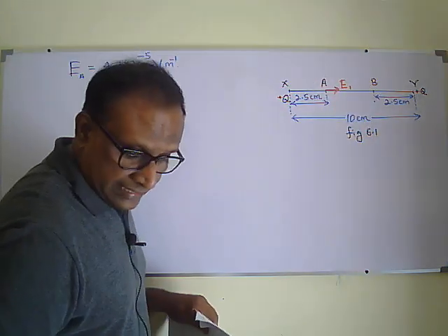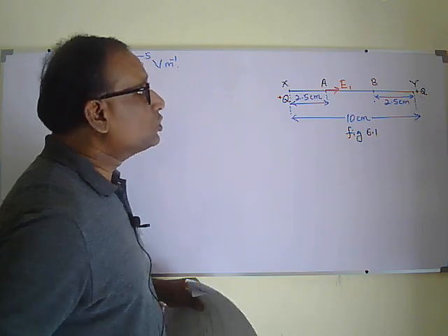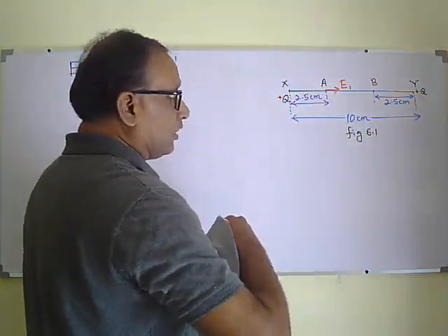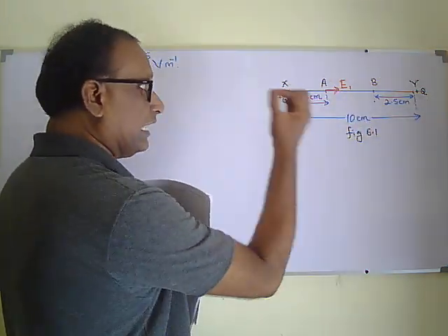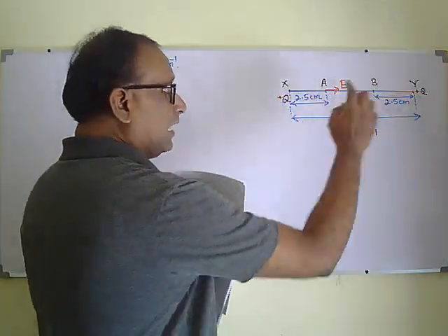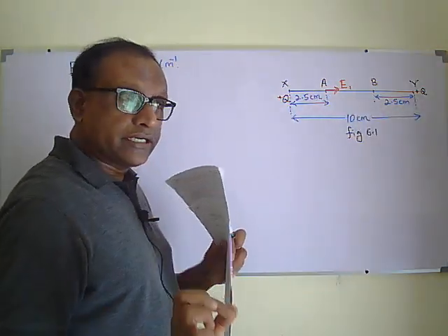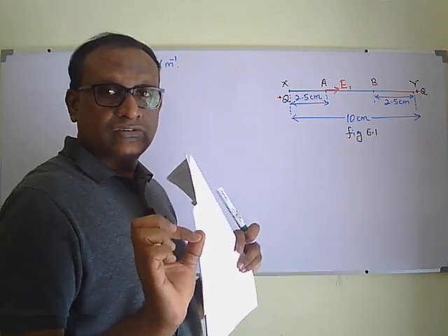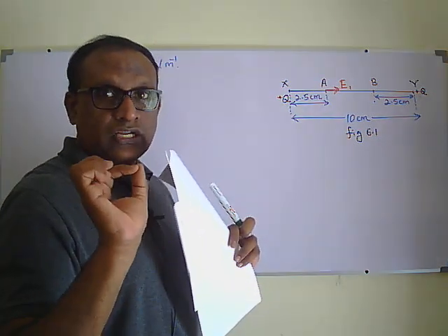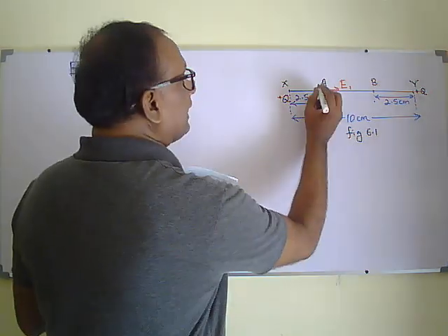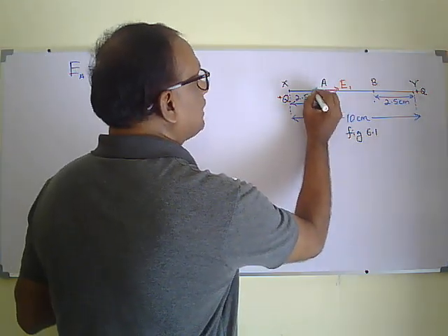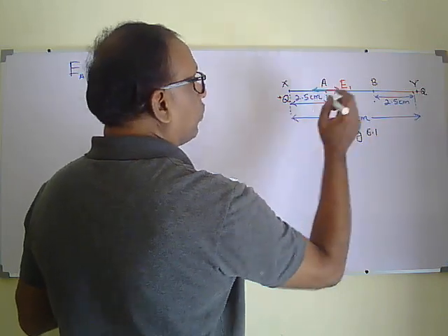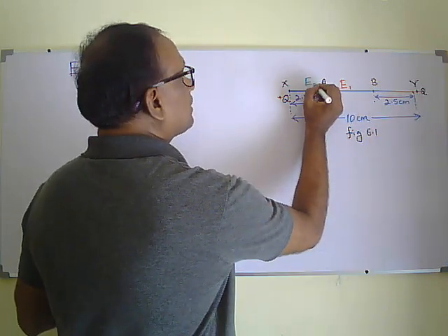Same way, the electric field strength due to the charge at Y will be towards left, because if I keep a positive test charge at A, this will repel. I already told that the direction of the electric field strength is defined as the direction of the electrostatic force acting on a positive test charge. So E2, the electric field strength of Q at Y, is towards left.